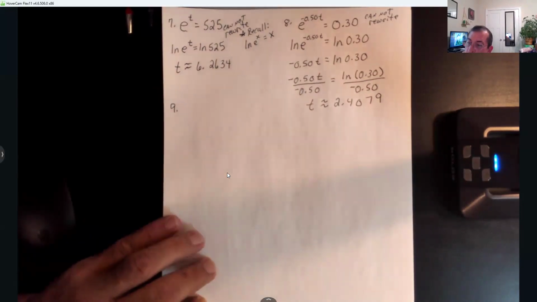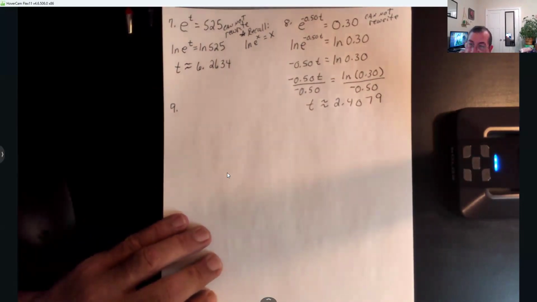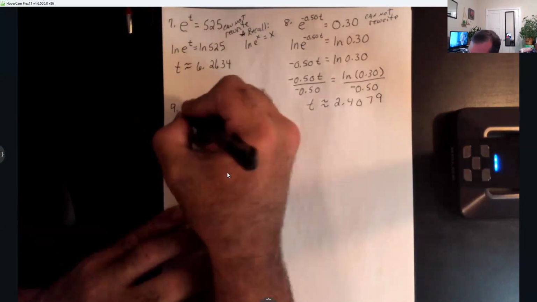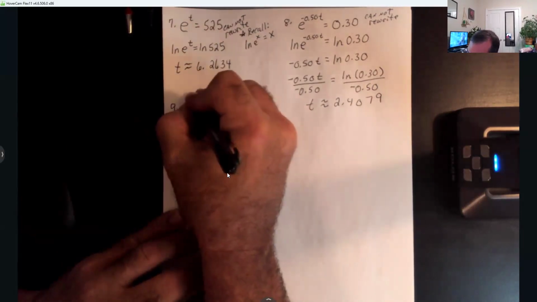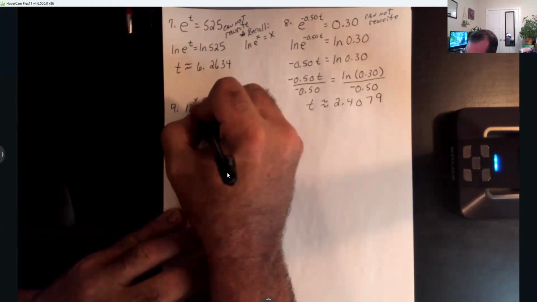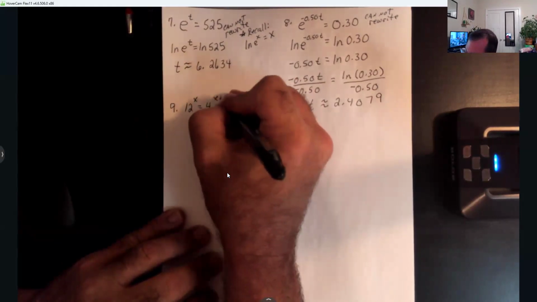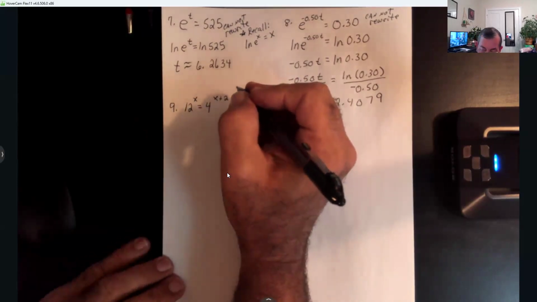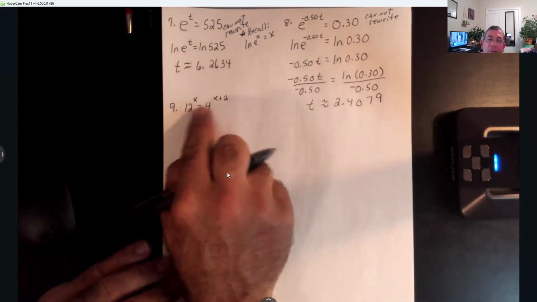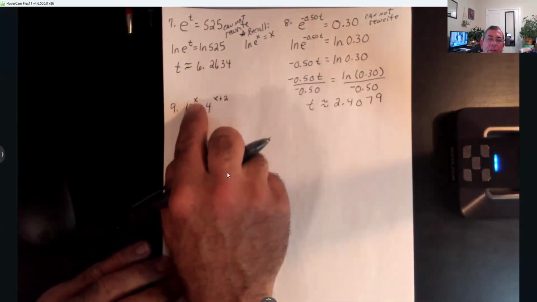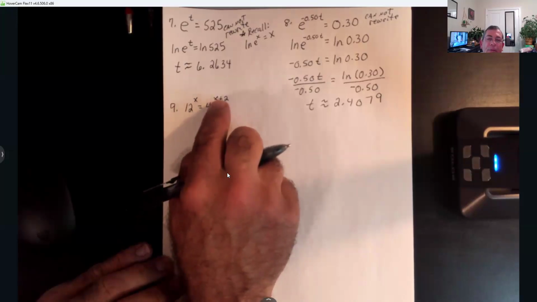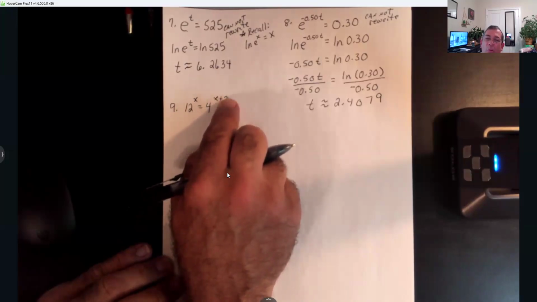All right, so we had one more exponential problem. 12 to the x equals 4 to the x plus 2. So y'all, I can't assume this one will be 0 because if I put a 0 for that x and a 0 for that x, I still have a 2 over here.